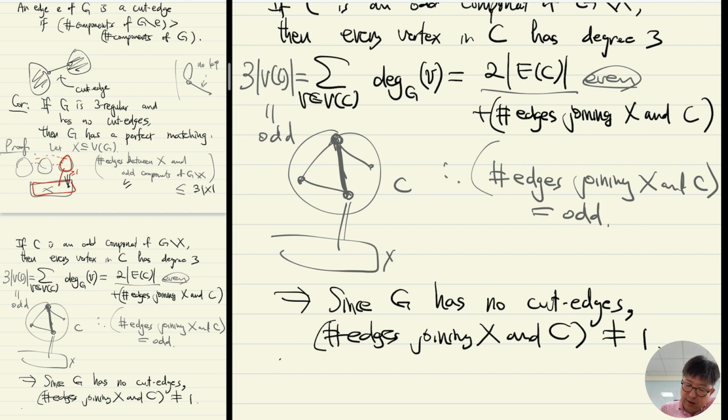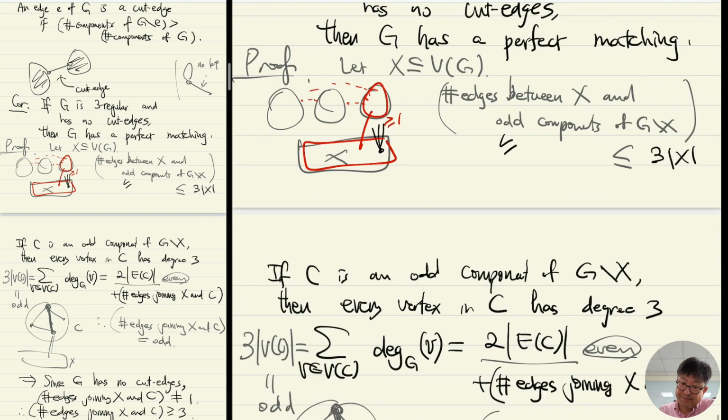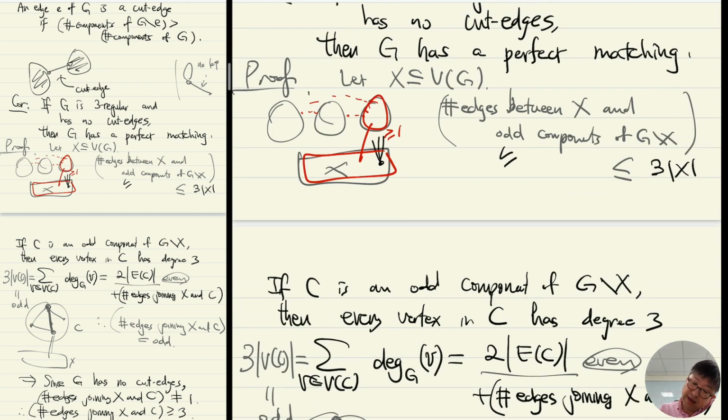So therefore, the number of edges joining X and C cannot be 0, cannot be 1 and odd, so it has to be at least 3. Right, so for every odd component, you must have at least 3 edges towards X. So the lower bound is at least 3 times the number of odd components.